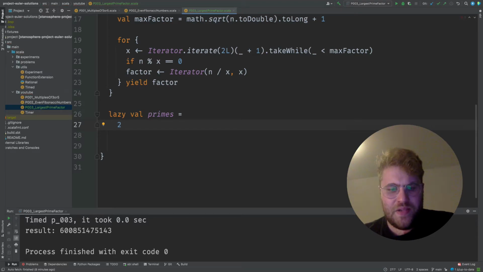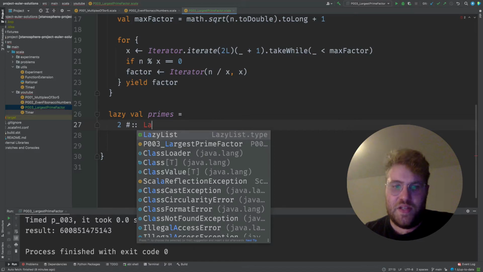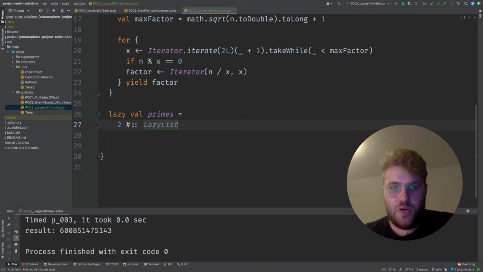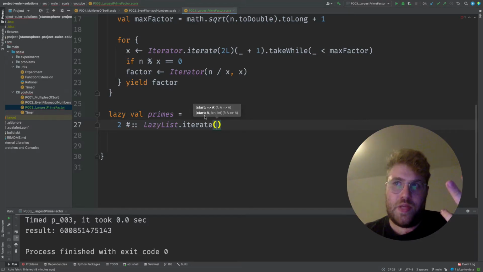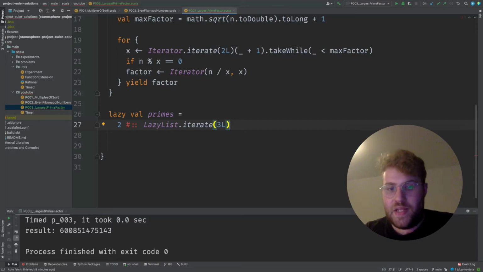So lazy lists, I think they used to be called streams in Scala, but it's got this weird syntax where you can just do this sort of thing. So 2 is going to be my first element, it's the first prime number, shockingly. And then to get the other prime numbers, we're going to use something very similar to iterator.iterate, a lazy list iterate, which is the same kind of format. We know that all prime numbers are odd, so we only need to check odd numbers.